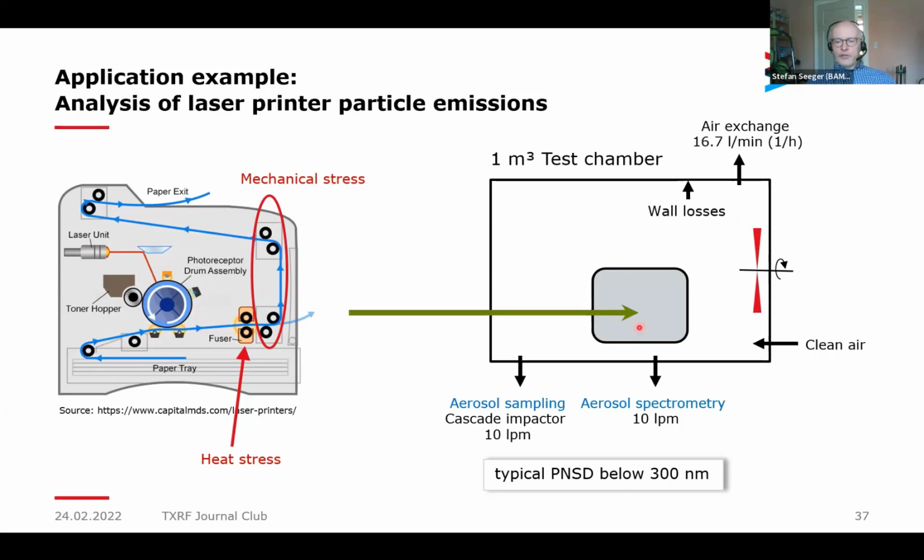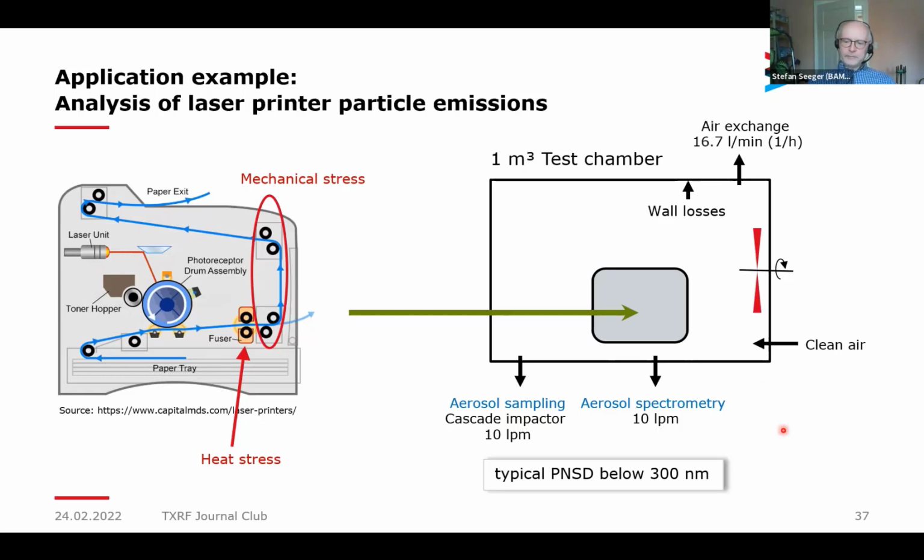We put the laser printer in there and plugged in some aerosol sampling devices, a cascade impactor and other devices, and also an aerosol spectrometer, which allows size distribution and number concentration measurement.